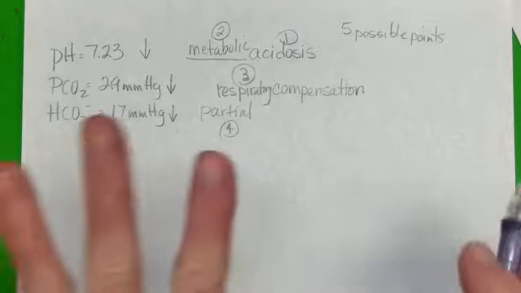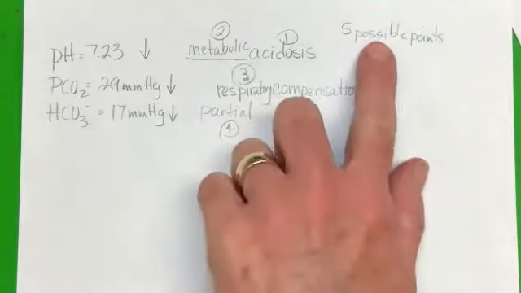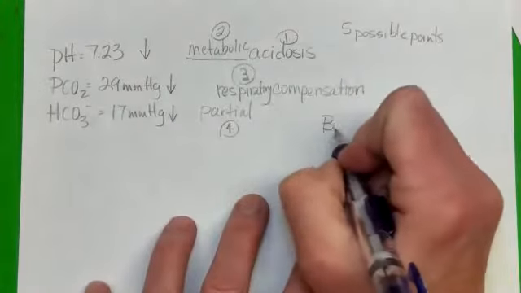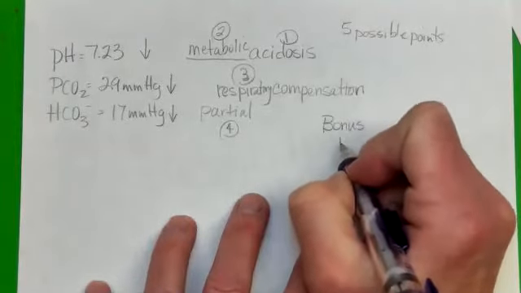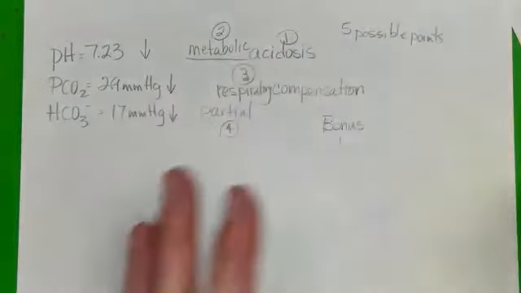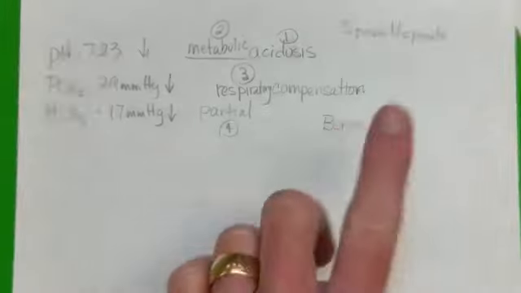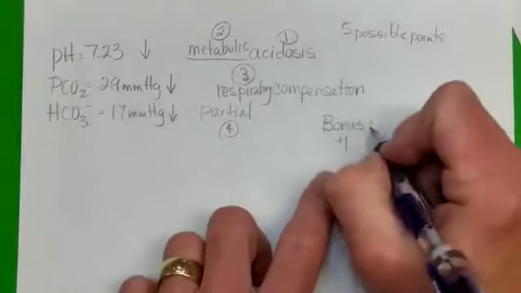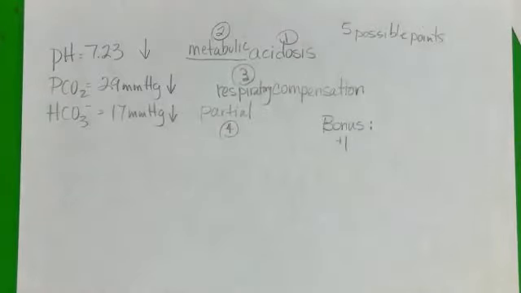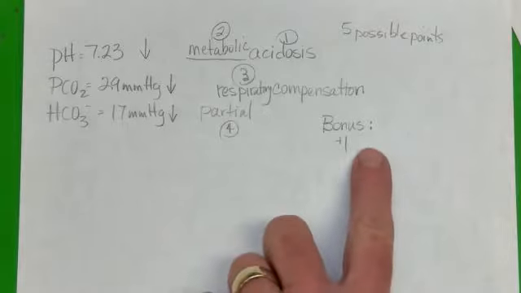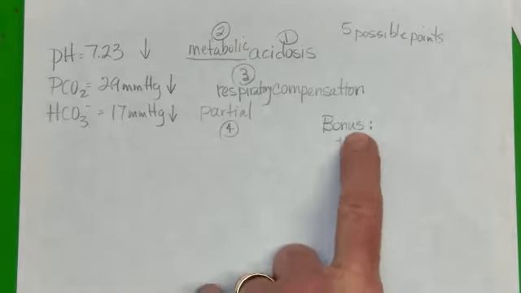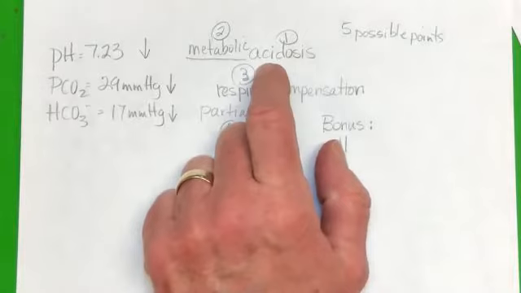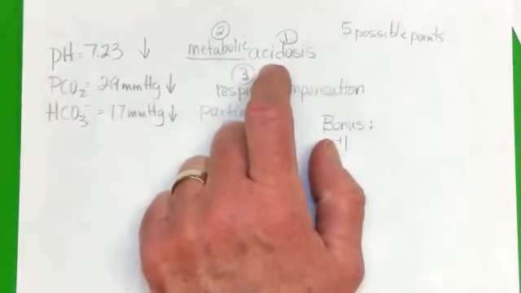Okay, so there's 4 points. So how do I get the 5th? This is my bonus. Each question's out of 4, but I can get one more point, my 5th point, which doesn't count in the total. So each question's out of 4, but you can make it out of 5. My bonus is what caused me to be in metabolic acidosis in the first place.